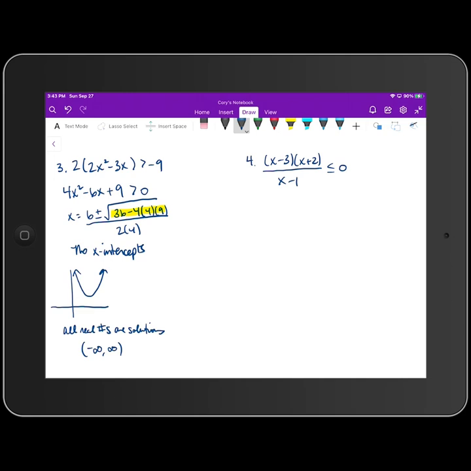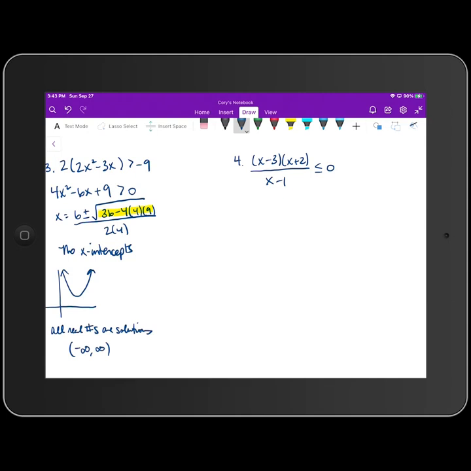Now the first thing I want to do here is look at the rational function and figure out what the domain of that function is. We know our denominator cannot be equal to 0, which means that x can't be equal to 1. And we need to keep that in mind at the very end when we are constructing our intervals.